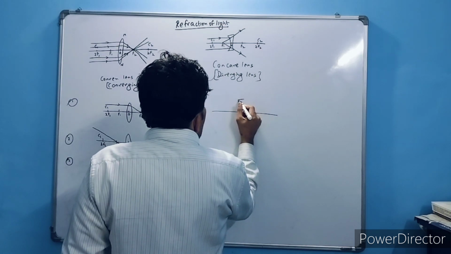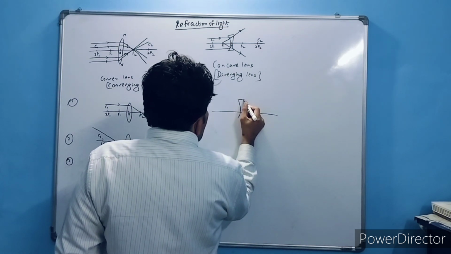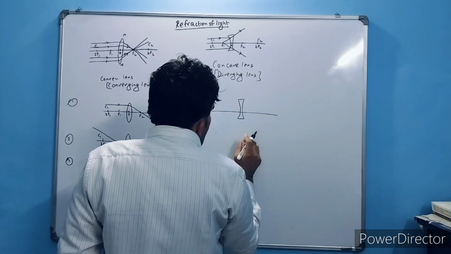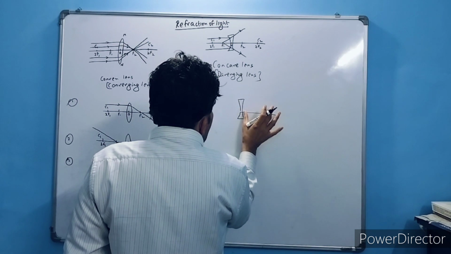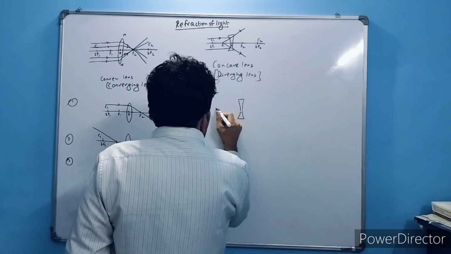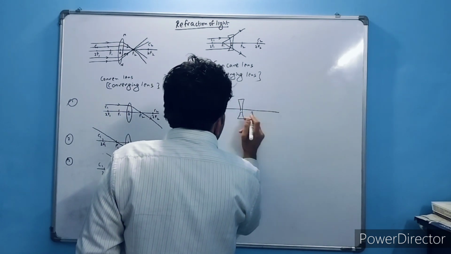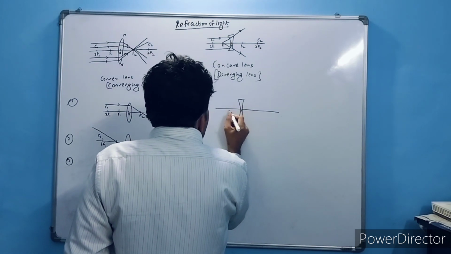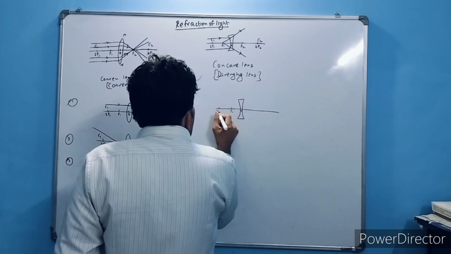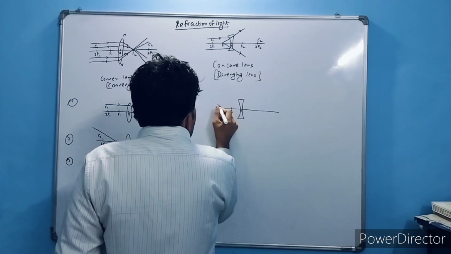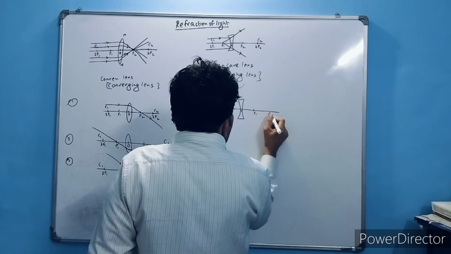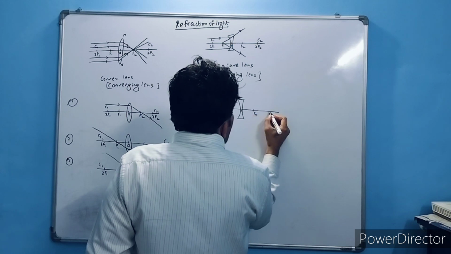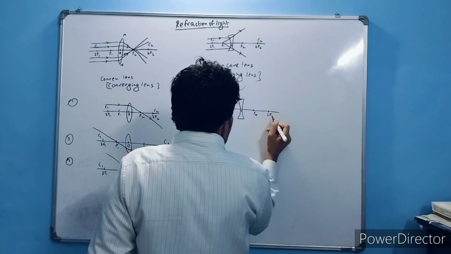Now let us see the concave lens. No, we can't draw from here; we need to draw it from the center. So this is the optical center, F1, twice F1, C1, and F2, and 2F2.